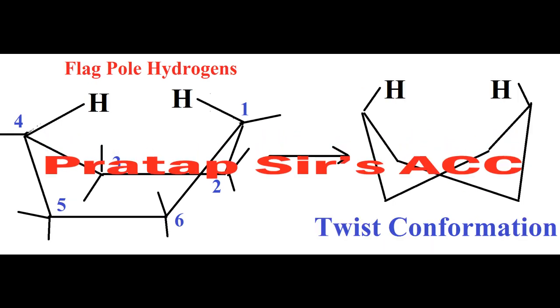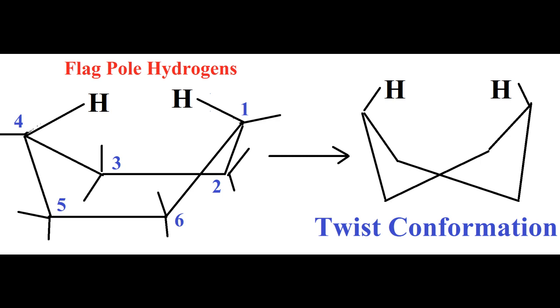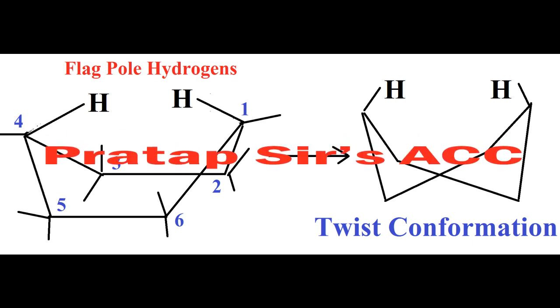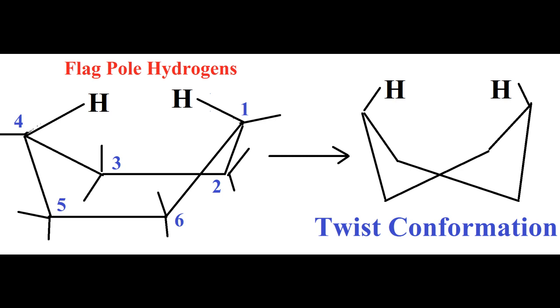See again that the boat form, being less stable, relieves its strain by converting itself to a comparatively more stable and less energetic conformation called the twist boat conformation. In this conformation, the flagpole hydrogens move apart, reducing the van der Waals strain. Thus, the energy is reduced.